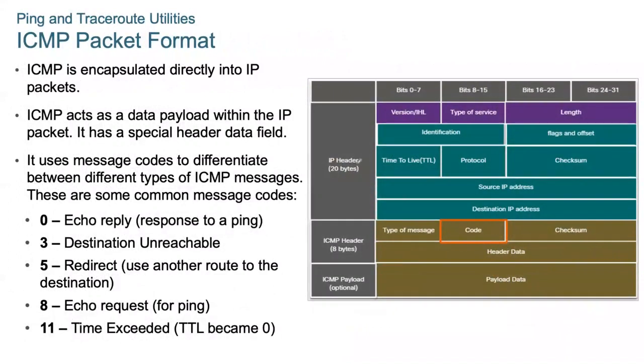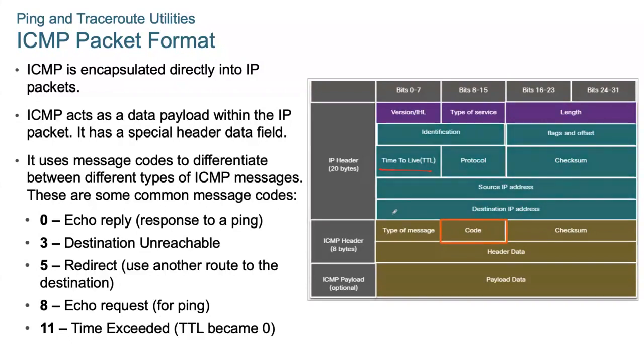If you see the packet format of your ICMP, here it has the time to live field. ICMP is encapsulated directly into your IP packets, because ICMP is part of IPv4 and IPv6. It gives what type of services it will provide.